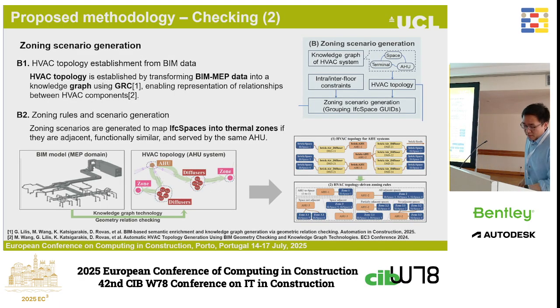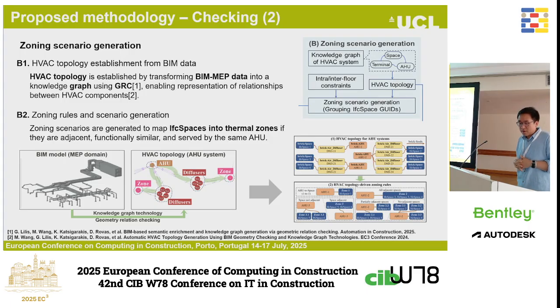Beyond the geometry, let's go to the HVAC part, the thermal zoning. The first part is HVAC topology establishment from the BIM. This work was presented by my colleague Georgios last year at the EC3 meetings.